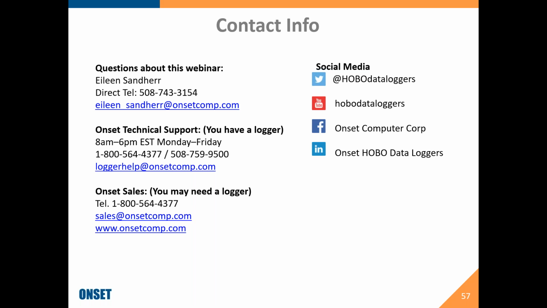And again, that is $99, or a $75 download. That is required for more complicated calculations. So for example, if you wanted kilowatt hours for the energy use, that is the HOBOware Pro software that would be required for that. And we will always help guide you as to what is needed.